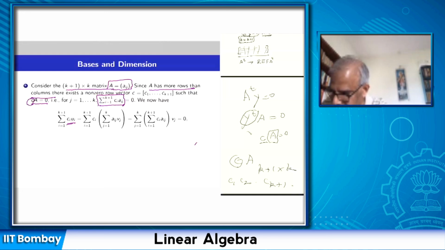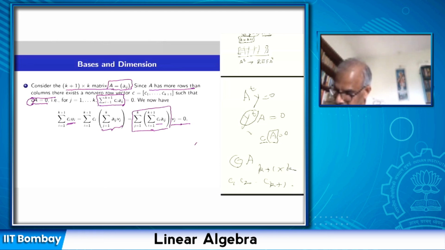Now I look at this linear combination, the sum of ci ui. But ui is this sigma aij vj, and now I can interchange these two sums, getting the sum over j of the sum over i of ci aij, times vj, which is 0.